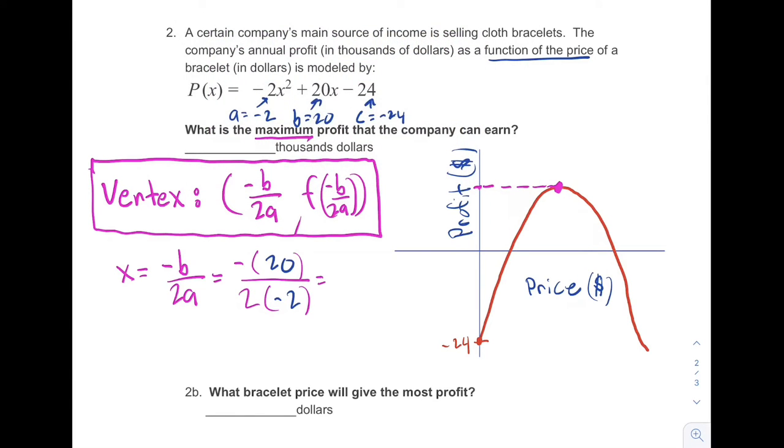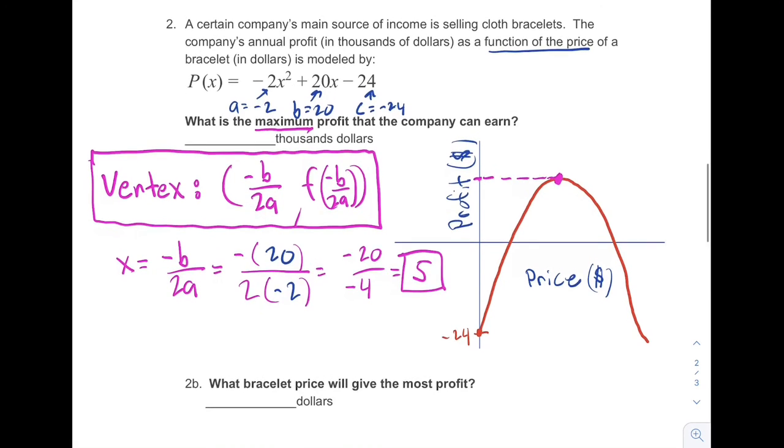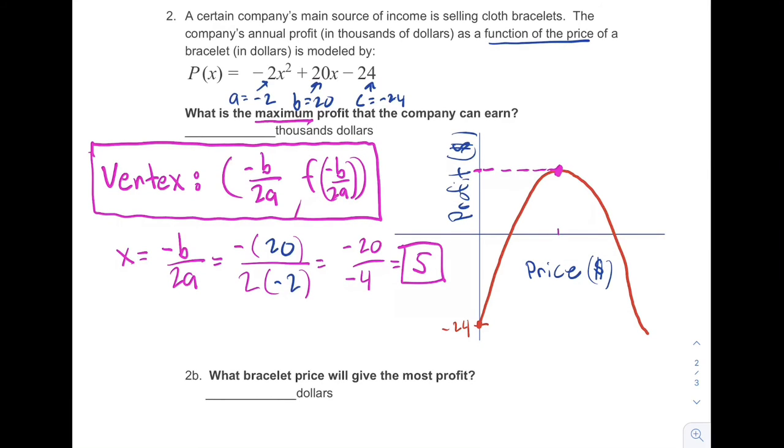And then we can calculate that. So negative 20 over negative 4, which turns out to be positive 5. So our x value of our vertex is positive 5. So here's our x value. So this is going to be 5.